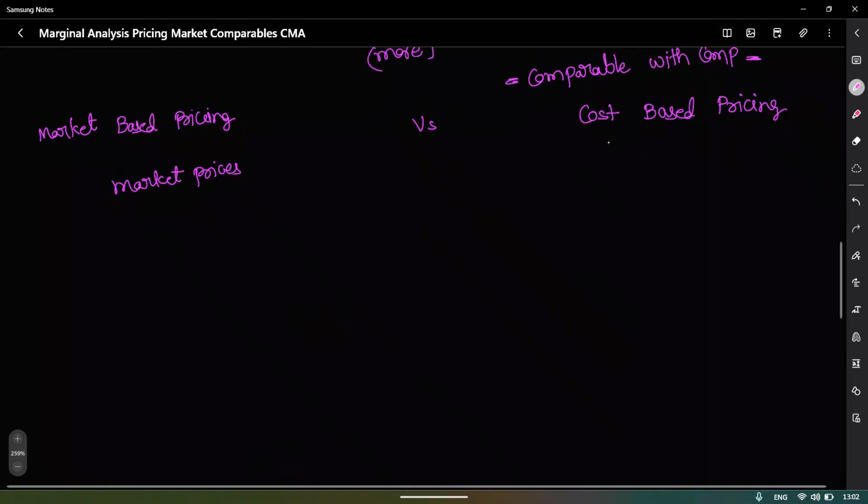The cost based approach only concentrates on your cost of production. Why? Because nobody is a similar competitor for you. You can fix the prices according to your cost recovery.